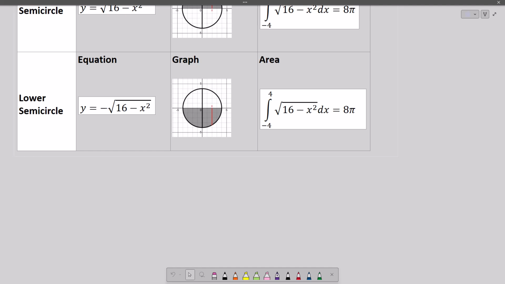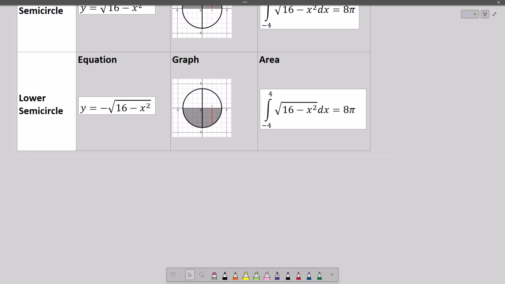Do you agree that this is a vertical rectangle? How tall is that vertical rectangle? It's a vertical distance, so you would do the upper y minus the lower y. The upper y is 0, so the height of this rectangle right here is 0 minus square root 16 minus x squared.